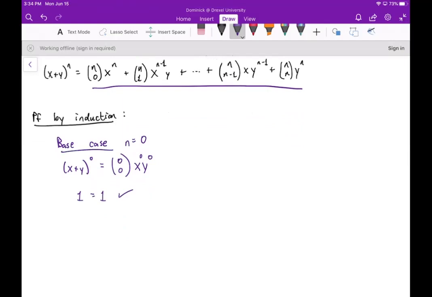Now for the inductive case, we'll assume that this is true for n minus 1.